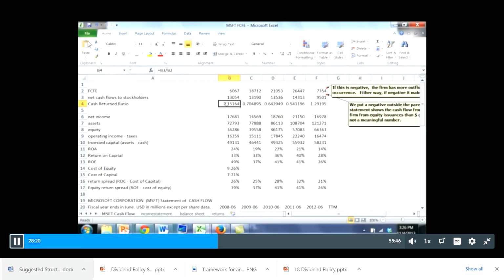And so you can see in 2008 they paid out quite a bit more than they had. Right, remember 2008 was not such a good year. But they already had a dividend policy in place, so they didn't want to decrease that dividend, and they may have already committed to some stock repurchases, so they went ahead and did that.